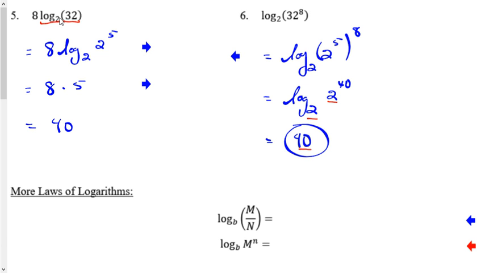So when I do this exponent times the 8, I have to imagine that I'm multiplying exponents. When do I multiply exponents? Well, that happens when I have this power raised to an exponent. And so you can see how this law is going to correspond to that exponent law.